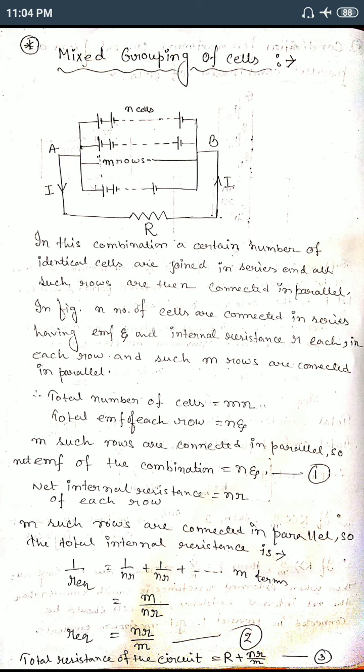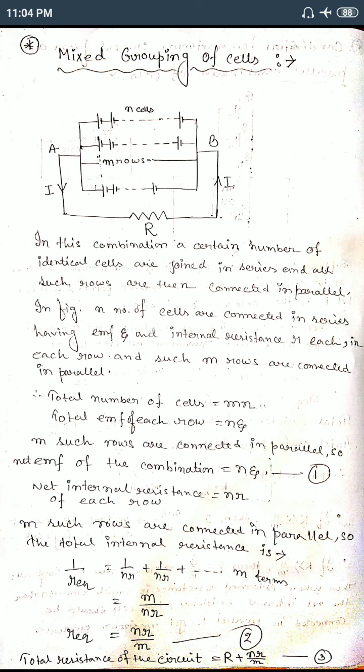You first clear this concept. N number of cells connected in series, first line n, second line n, third line n. Now these rows are connected in parallel, so there are m number of rows, and n number of cells are connected in series. Clear?